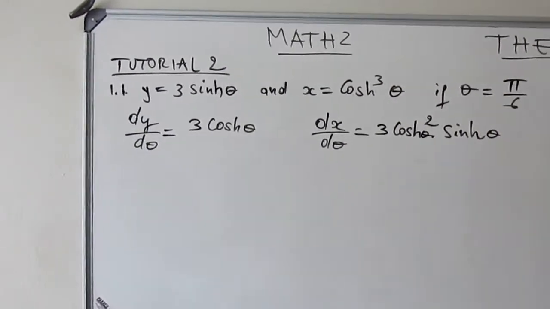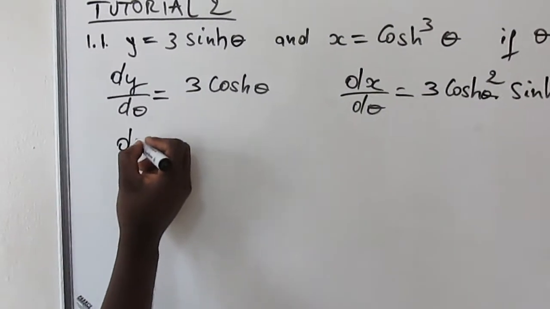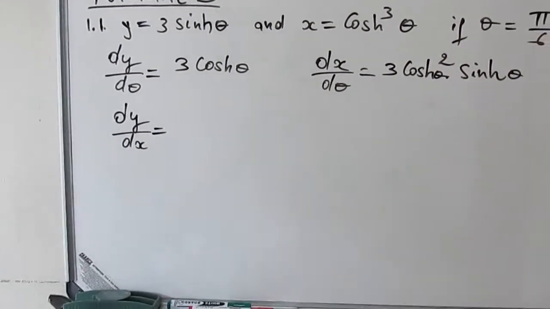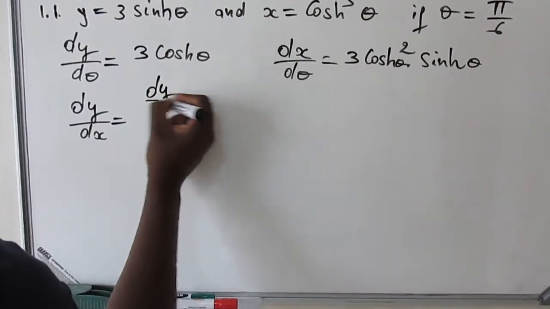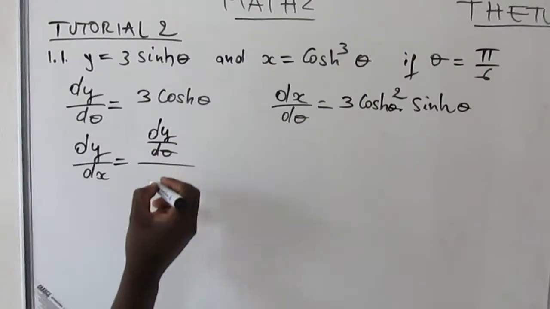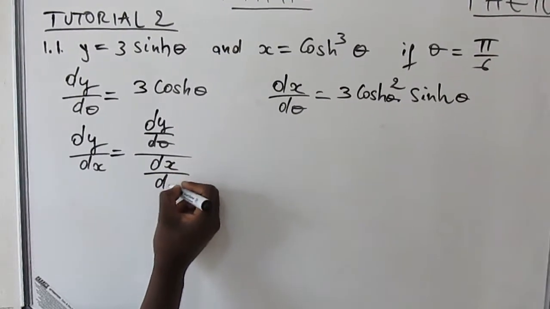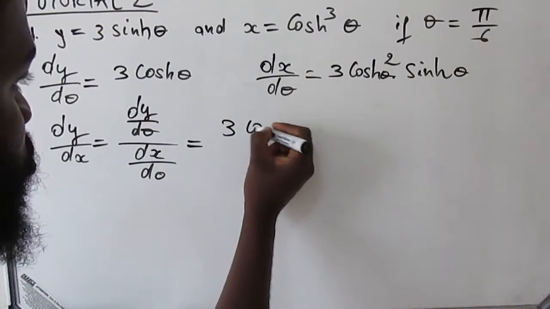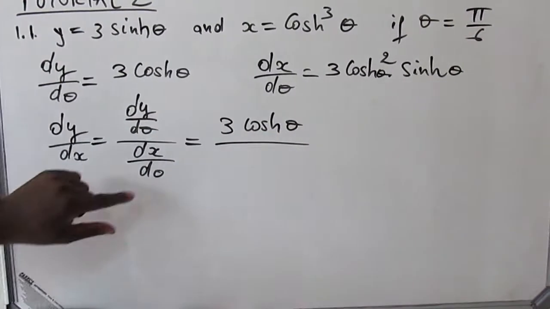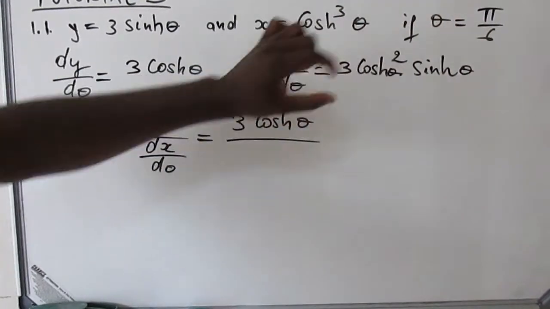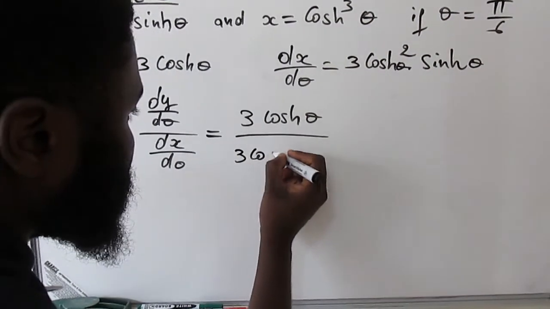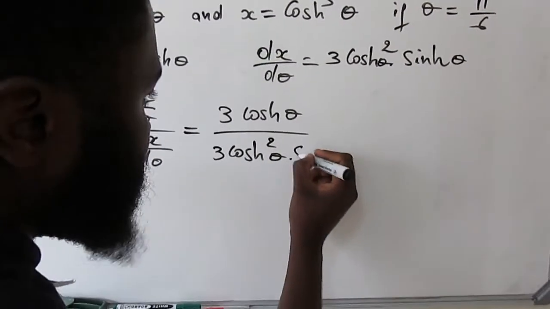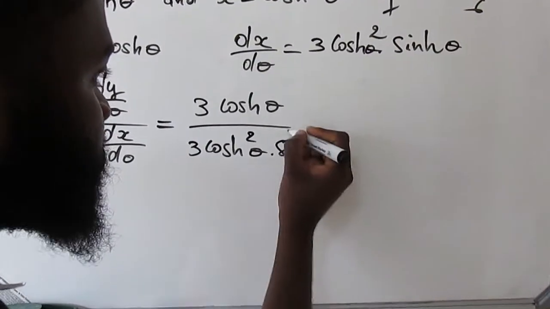Then, after that, we need to find dy over dx. What did we say about dy over dx? It's going to be dy over d theta over dx over d theta. Dy over d theta is this one, 3 cosh of theta, over dx over d theta, which is 3 cosh squared of theta multiplied by sinh of theta.